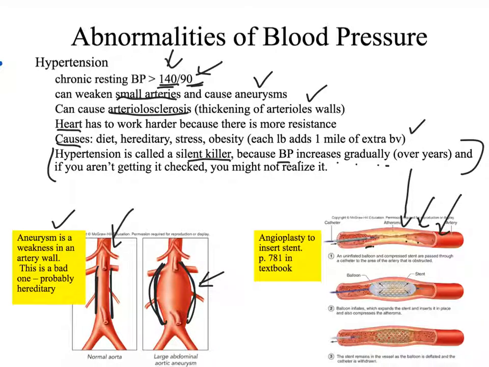Over here is a vessel that is pretty clogged up, blocked up. What they can do is an angioplasty. They'll put a balloon in, and the balloon will expand, and then they'll leave a stent in. The stent is like a mesh tube that will keep the blood vessel open.